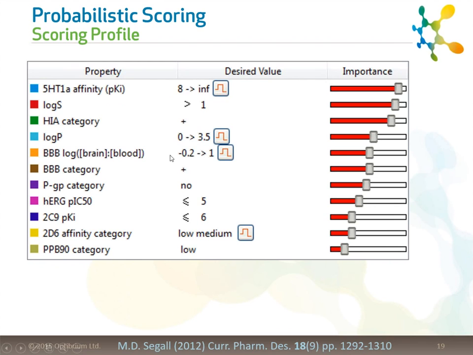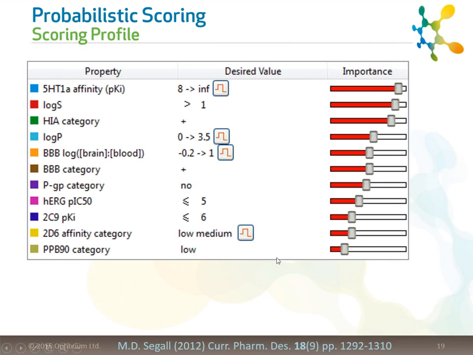Define the criteria that you are looking to achieve in each of the individual properties and the importance of each individual criterion to the overall objective of a project. Because we know not all properties are equal. You know, we must have a potent compound. That's very important. But there may be properties we might be willing to compromise or trade off. And we can define that balance and that trade-off.